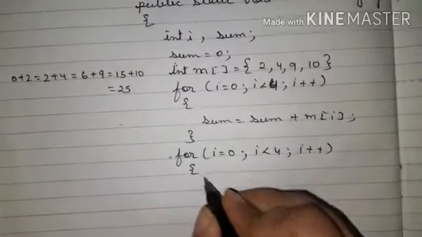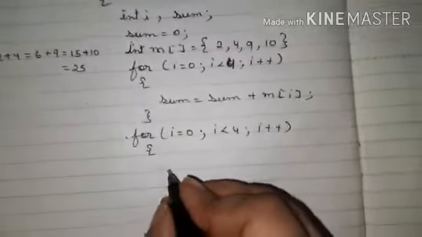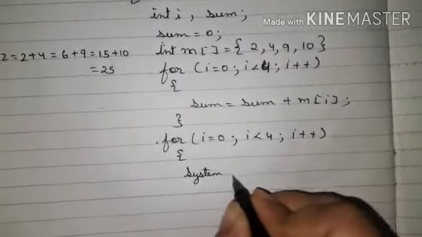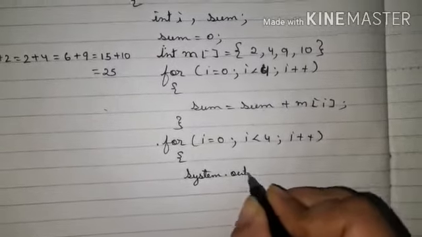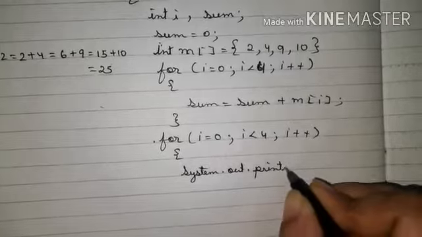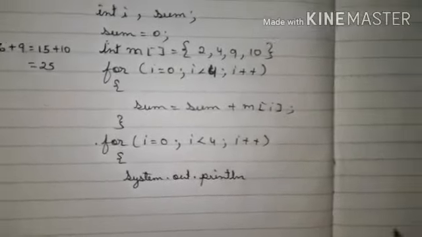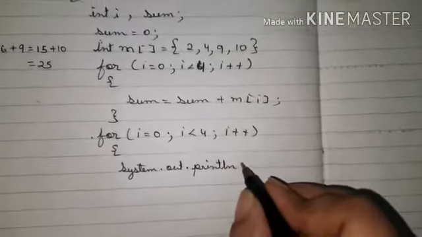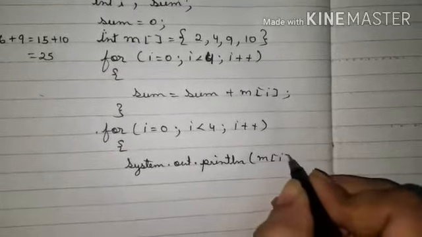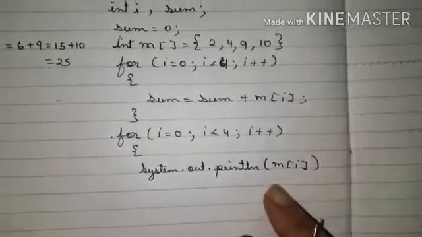Inside it we'll write the output statement System.out.println. What are we going to print? m[i], meaning the element at position i.